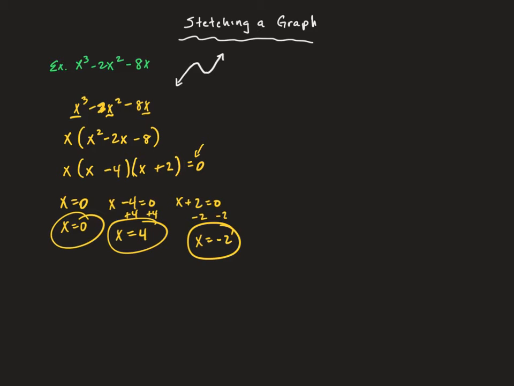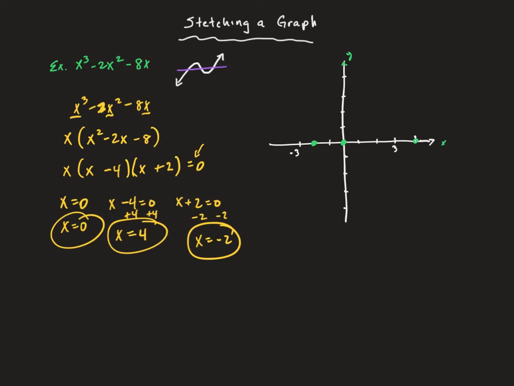As I go to graph this function, I can identify my roots on the x-axis. One of my roots is going to be 0, another root is going to be 4, and another root is going to be negative 2. Now again, looking at my end behavior, if I just draw a quick line through this diagram, that's what my function looks like, because I have 1 root, 2 roots, 3 roots.